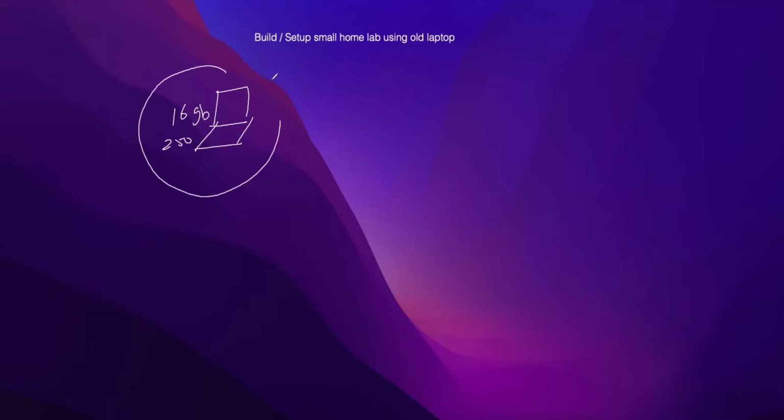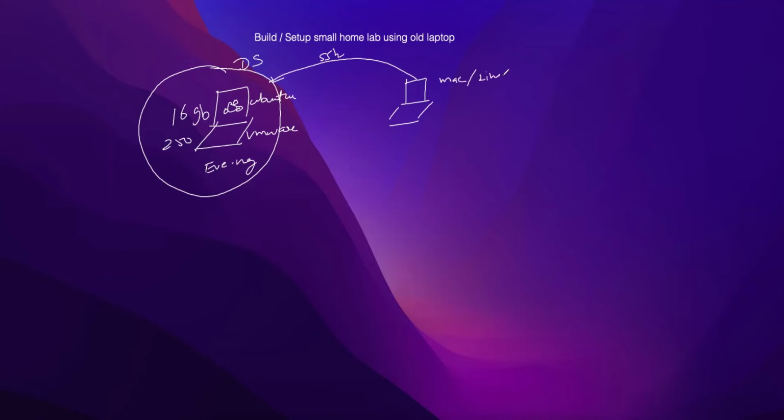I'll take this device and turn it into a dedicated server by installing the Ubuntu operating system on it, eventually running VMware to run EVE-NG on it, and then later I will access that dedicated server remotely using SSH. So this laptop can be Mac or Linux or Windows.